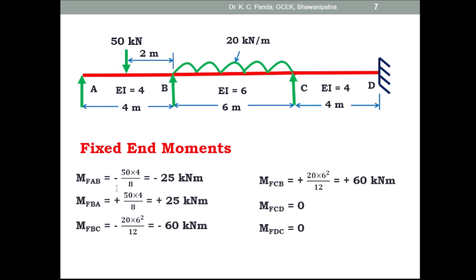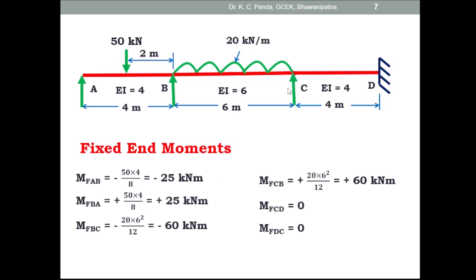So MFAB is equal to minus WL by 8, minus 50 into 4 by 8, is equal to minus 25 kilonewton meter. Similarly, MFBA is equal to plus 50 into 4 by 8. This is equal to plus 25 kilonewton meter.